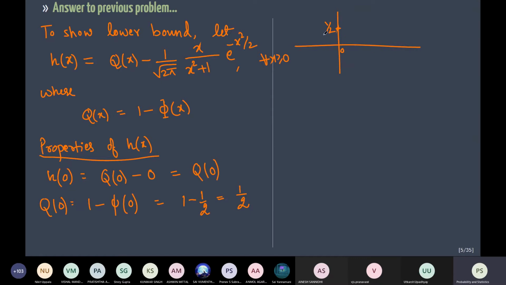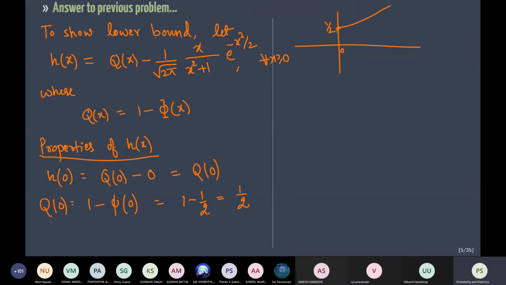One possibility is that you prove that although at the boundary point 0 you got half, the function is always increasing. Okay, so this is a very safe case: h(x) is always an increasing function. Now, what is the property of calculus that proves that a function is always increasing?